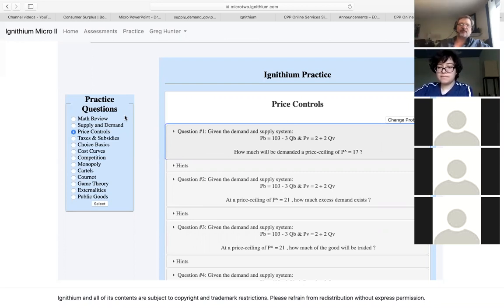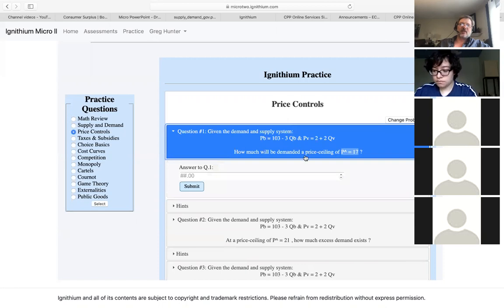It changes their behavior. And then how did you figure out, at a price of 17, how did you answer the question? So what I did was I took the equation for the demand curve, 103 minus 3QB, and I set that equal to the price ceiling of 17, and then I solved for QB.